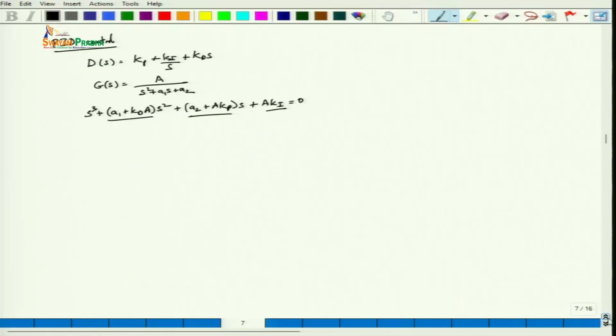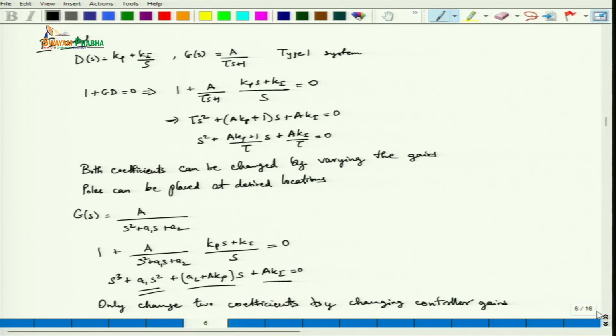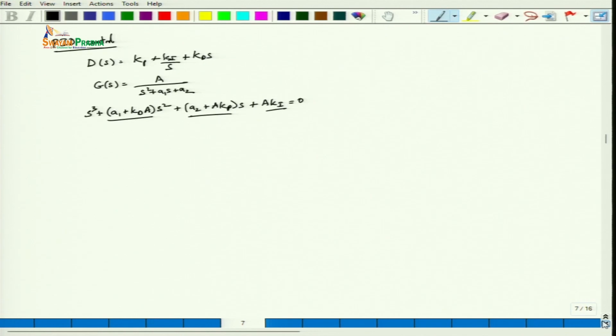Also, at the same time, the steady state error will be determined by the type of the system. So, we need to understand what reference input we are giving to the system, as well as the type of the system, whether it is first order or second order, to determine what kind of controller we want to select.